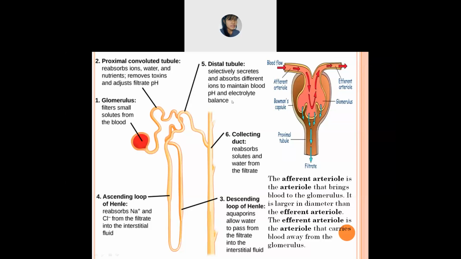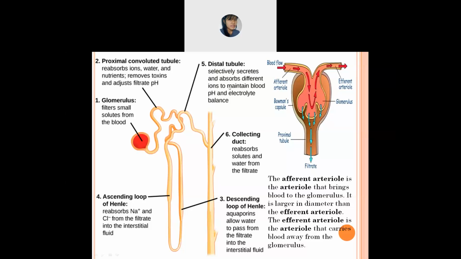There will be reabsorption of ions also, ions like calcium, sodium, all this. So all this will happen here in the DCT. And this DCT is just the opposite of the ascending loop of Henle, where reabsorption occurs.